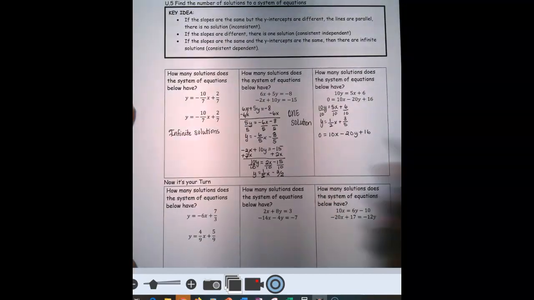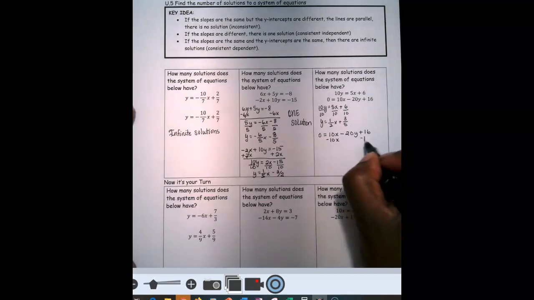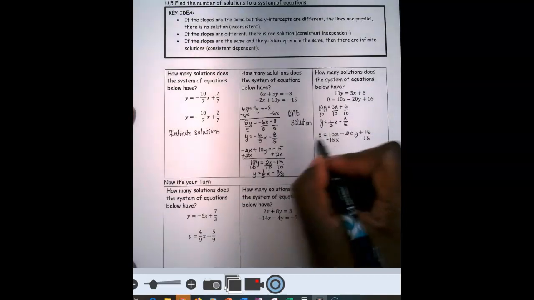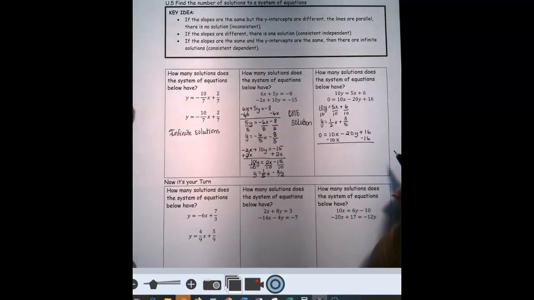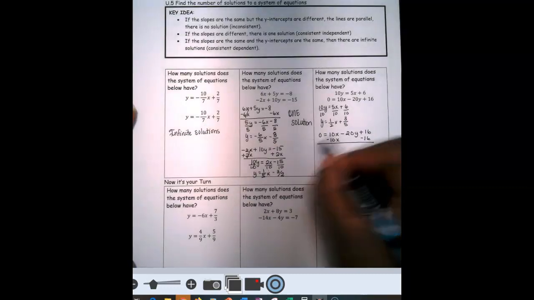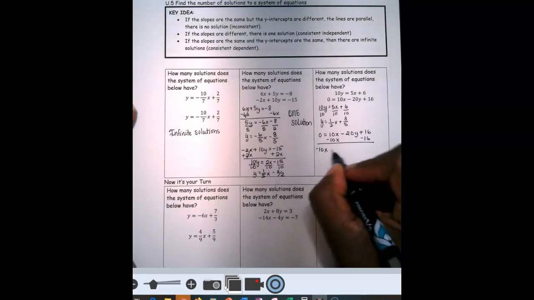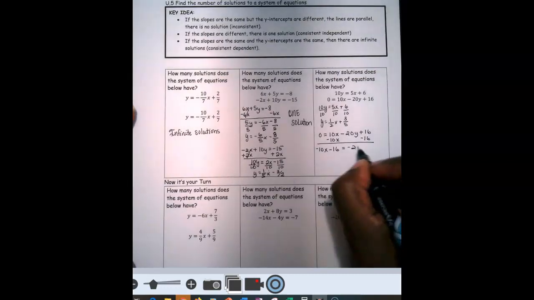Because I want to save room here, I'm just going to subtract 10x and subtract 16. So what I know is that I've got -10x minus 16 equals -20y.